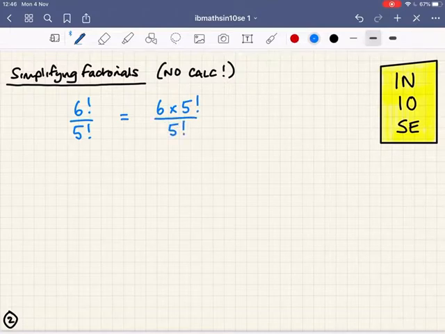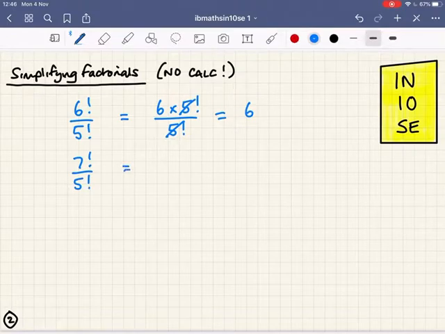When we've got an expression with 2 factorials, we choose the smaller of the two as the common factor. 5 factorial is a common factor, and we rewrite 6 factorial in terms of 5 factorial. 6 factorial is 6 times 5 factorial, and then we can cancel down, and that just gives us a nice simple result of 6.